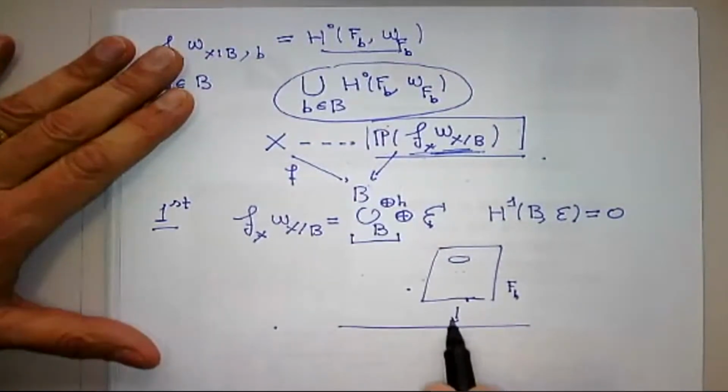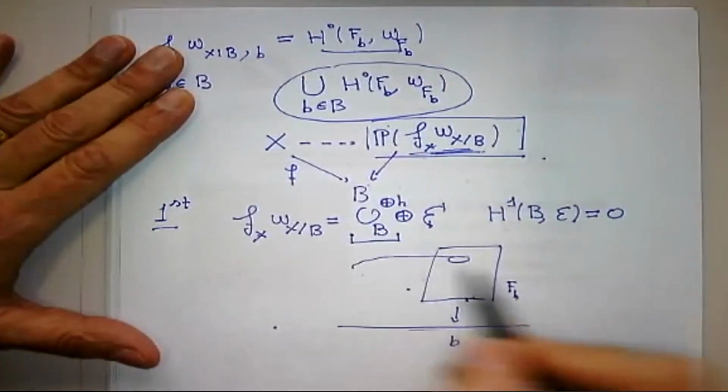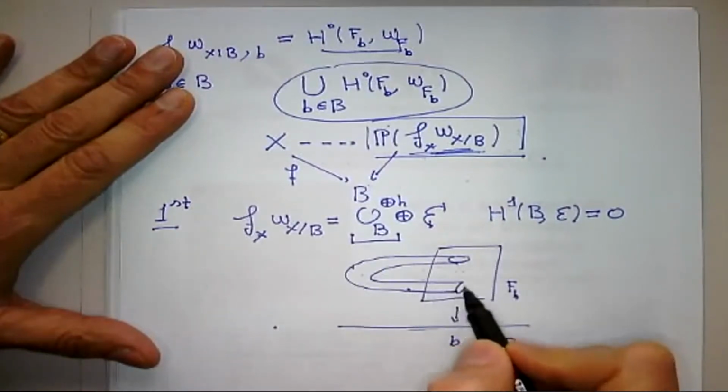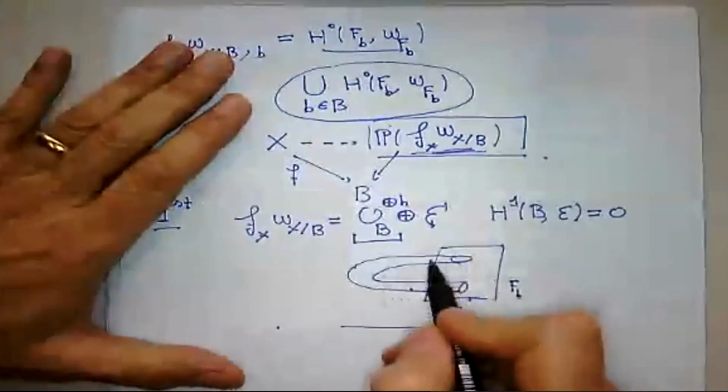Clearly the dimension now is 1 on this base B, but you think that the real dimension is 2, so you move this cycle outside the fiber and you'll be back. Let me say you do homologically this kind of games.